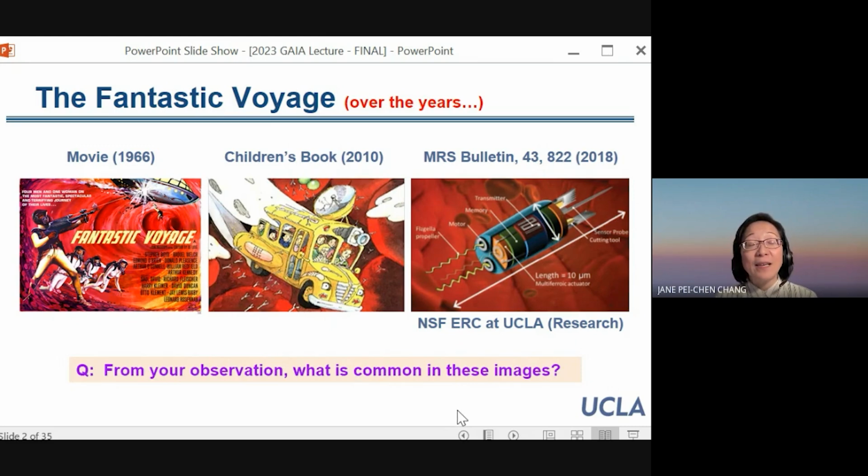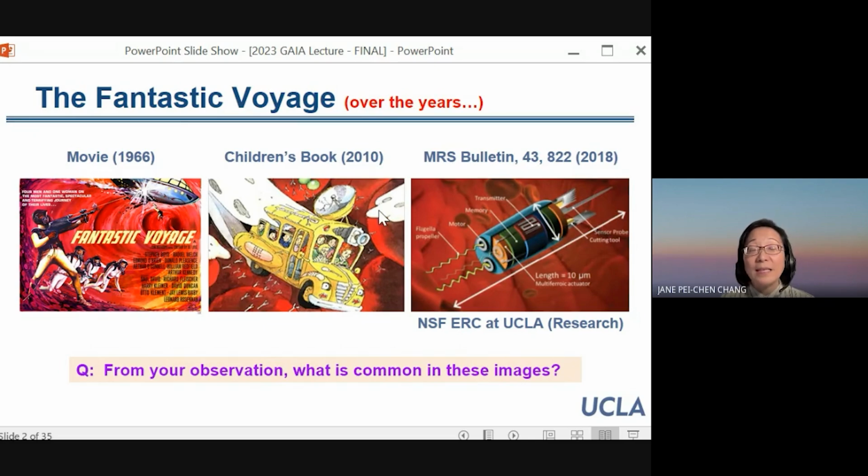In fact, they are all of the blood vessel. And in all the images, the designer very carefully illustrated the presence of a red blood cell. And this essentially tells us that the vehicle that we're looking at here is on the order of a red blood cell, and they are traveling down the human blood vessel.